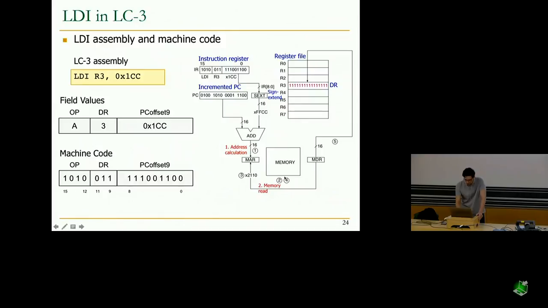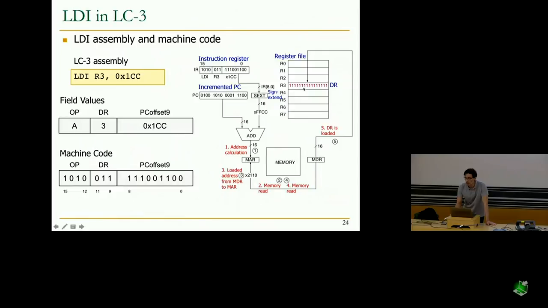We read something from memory, and whatever we read from memory will be copied to the MDR and, in this step 2, moved from the MDR to the MAR, because that's the address that we are going to use now to access the final element that we want to store in the destination register. So in the 4th step, we read from memory again. The final value will be stored in the MDR, and from there, loaded into the destination register.